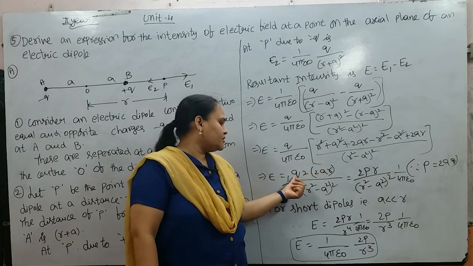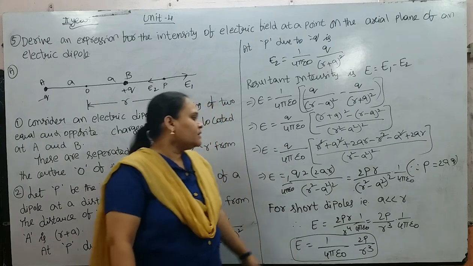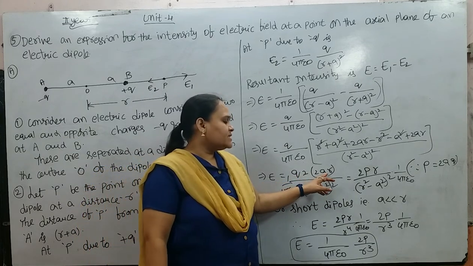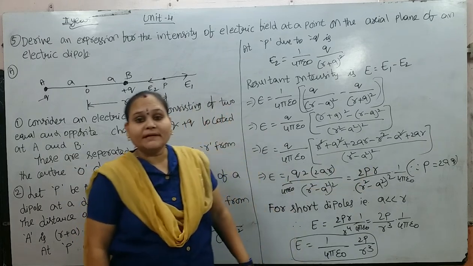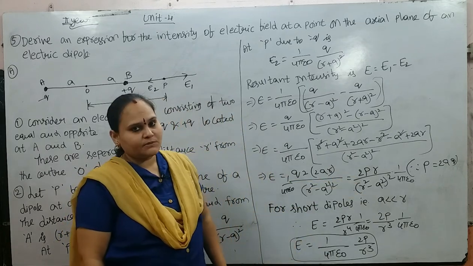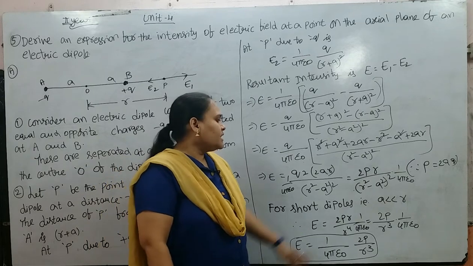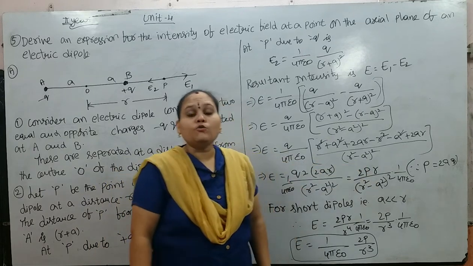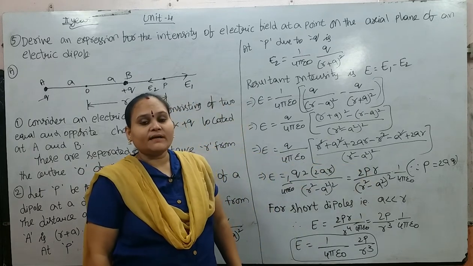So it becomes 2q into 2ar, and 2qa is nothing but the dipole moment p. So 2pr by r square minus a square whole square into 1 by 4 pi epsilon naught. Finally E equals 1 by 4 pi epsilon naught 2pr by r square minus a square whole square.